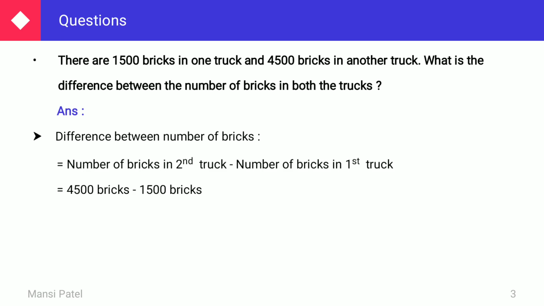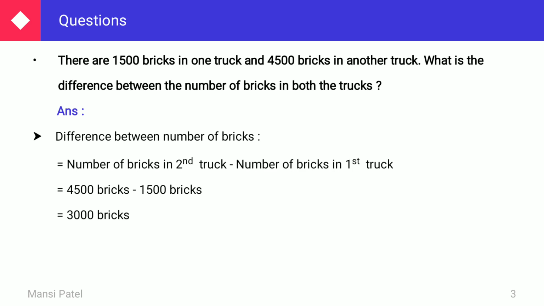In the second truck 4500 bricks are there, and in the first truck 1500 bricks are there. So do the subtraction. In the last two places they were given 0, 0, so just put 0, 0. Then 5 minus 5 is again 0, and 4 minus 1 is 3. So 3000 bricks are there.